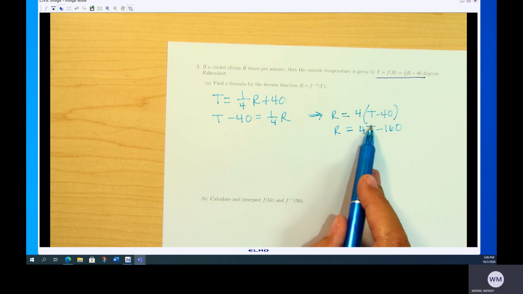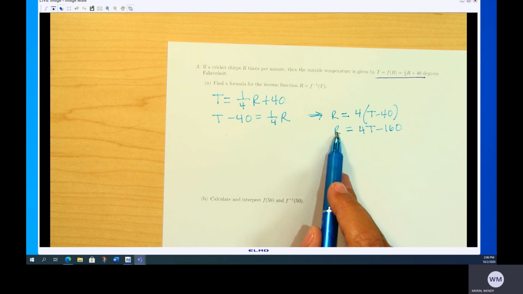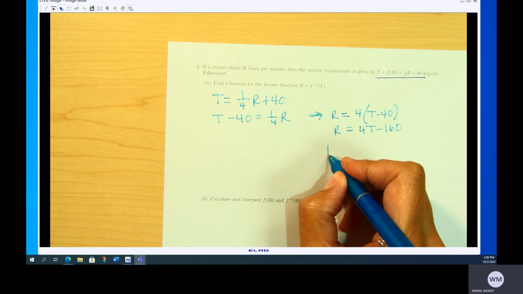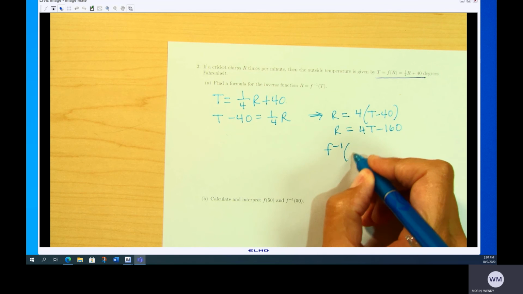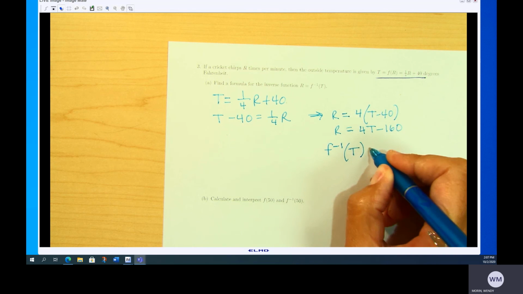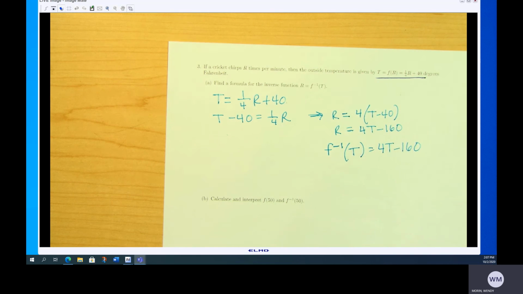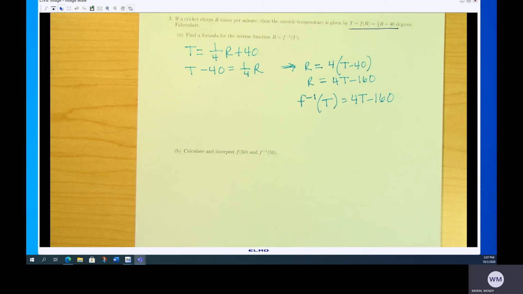So T here is the variable in this equation. So the inverse function notation would be the inverse of T equals 4T minus 160. Inverse function notation.